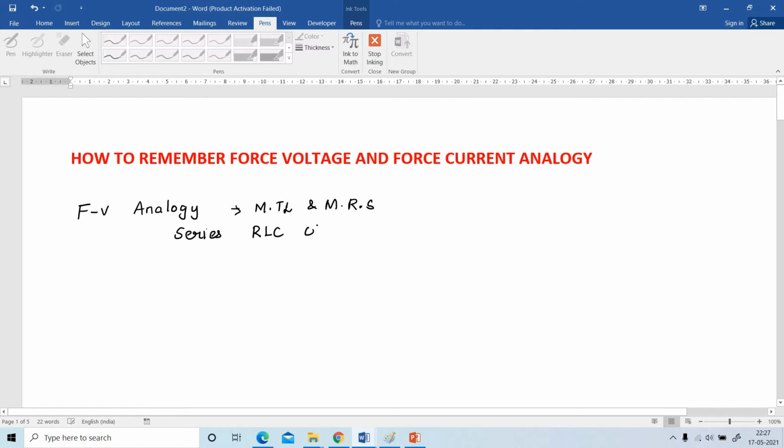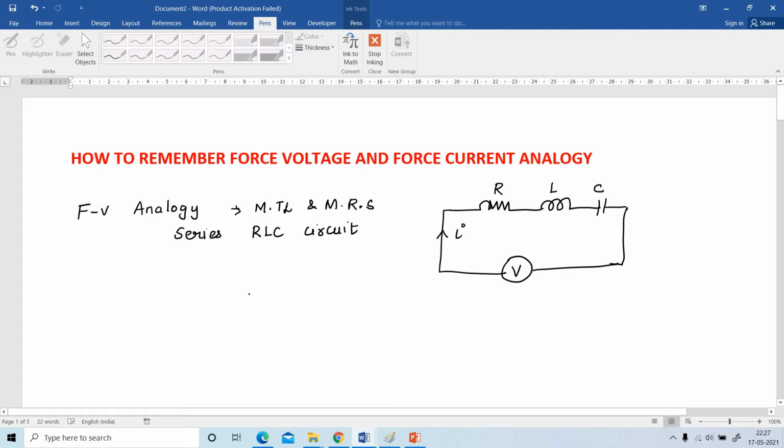First of all, I am going to draw the series RLC circuit. R is the resistance, L is the inductance, and C is the capacitor, connected across the voltage source V. If the voltage is connected across these components, the current flowing through the circuit is I. How to write the equation for voltage?